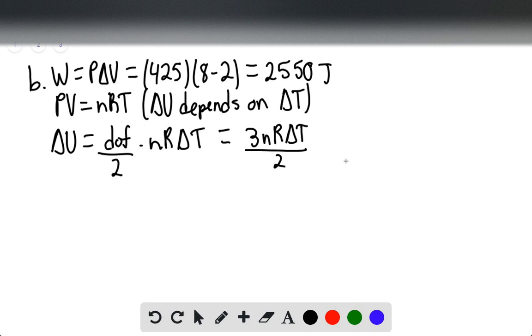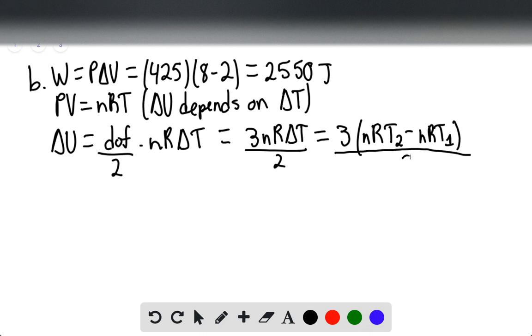And we can say that this is going to be equal to 3 times nRT sub 2 minus nRT sub 1, and we can divide this by 2.